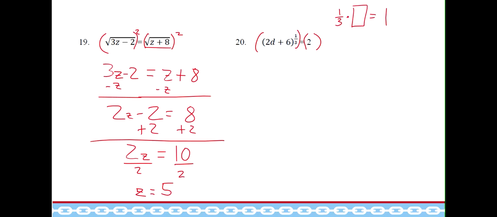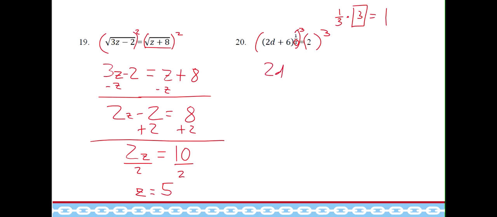So that would be 3. Whatever your n value or that denominator is, that's what you're going to multiply the exponent by. So you want to take both sides to the 3rd power, because then with the power of a power, we multiply the 1/3 and the 3.